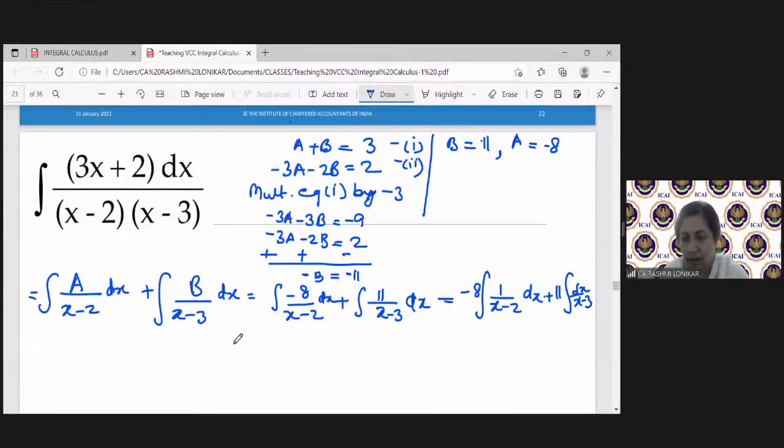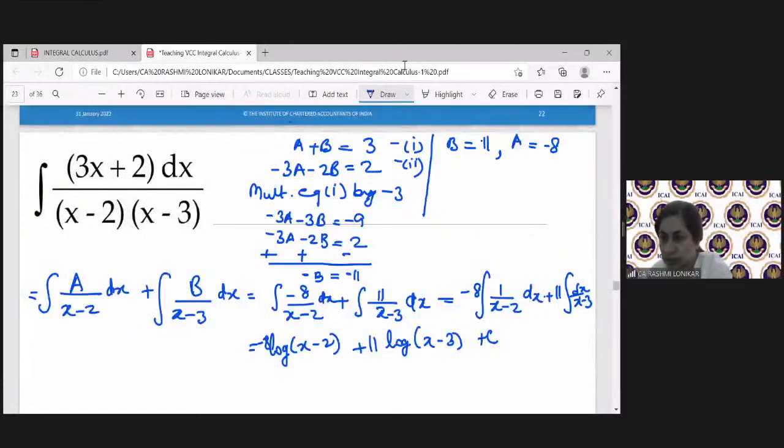What is the integral of 1 upon x dx? It is equal to log x. So this is equal to minus 8 log of x minus 2 plus 11 log of x minus 3 plus c.